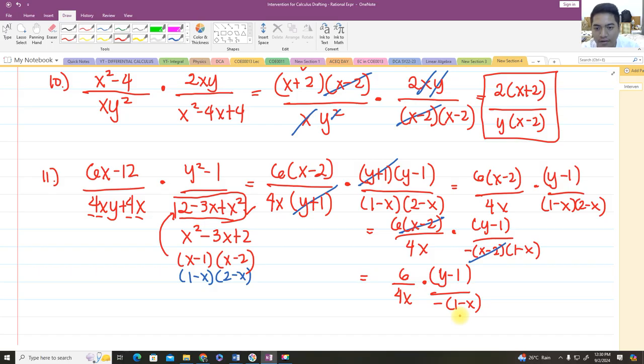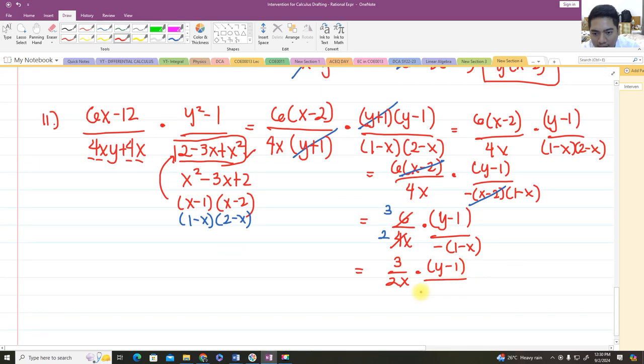Right now, I can cancel 6 all over 4 into lowest form. 6 over 4 would be 3 over 2. So now I have 3 all over 2x, multiplied by y minus 1 and then multiplied by the negative of the 1 minus x. So that becomes 3 times y minus 1, and then you have negative 2x times 1 minus x.